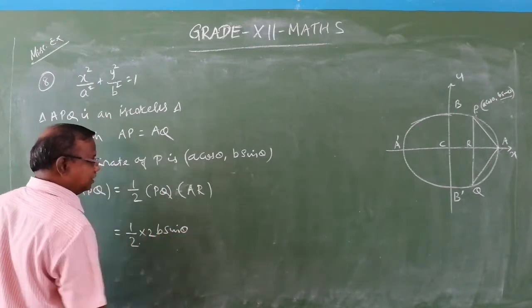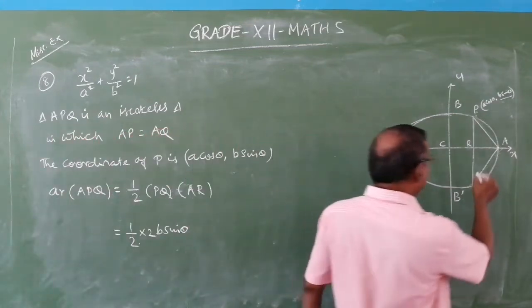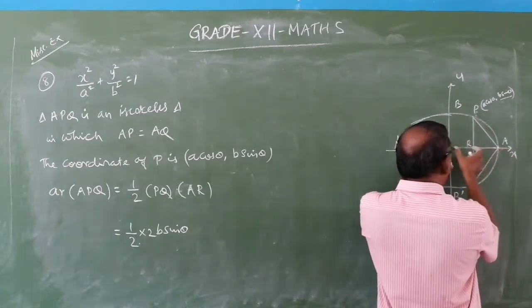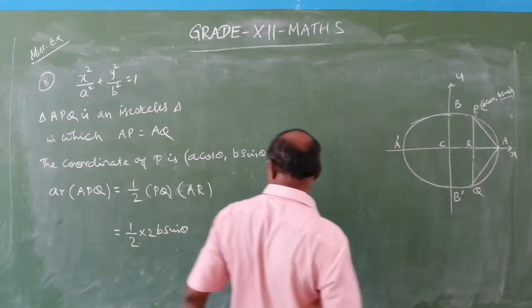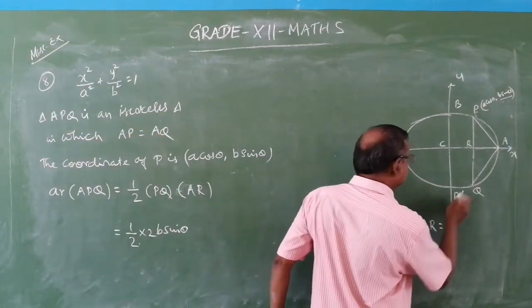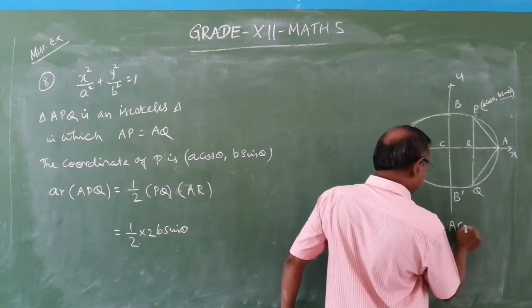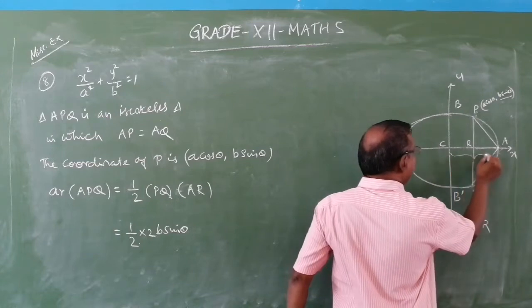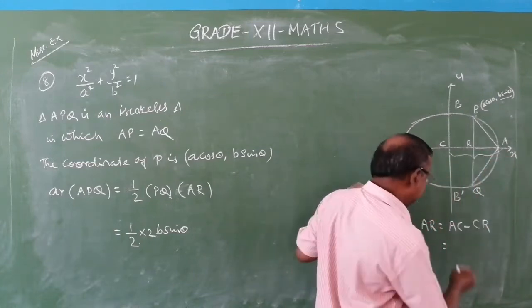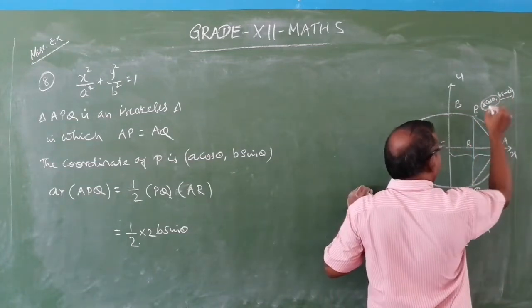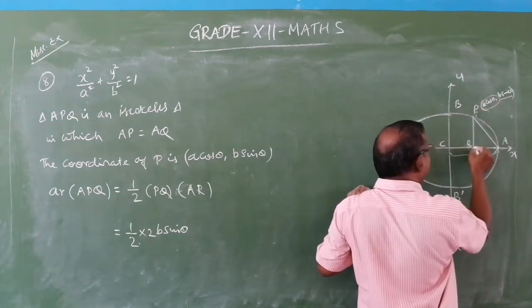Similarly, the distance AR is AC minus CR. AC is the length of the semi-major axis, that is A, minus CR, which is A cos theta, the distance from the origin to that point.